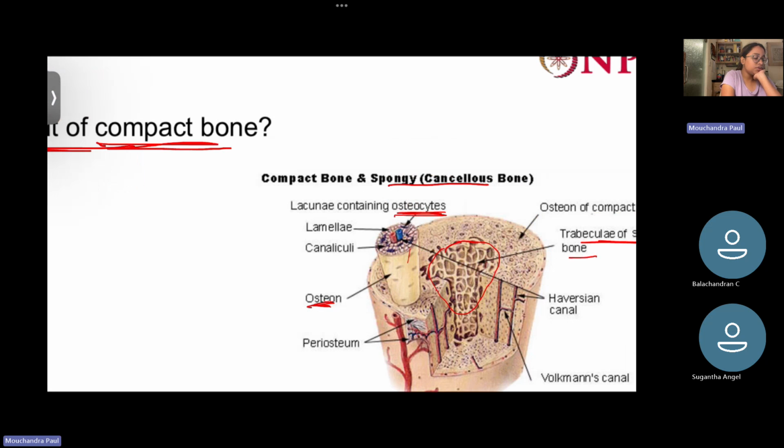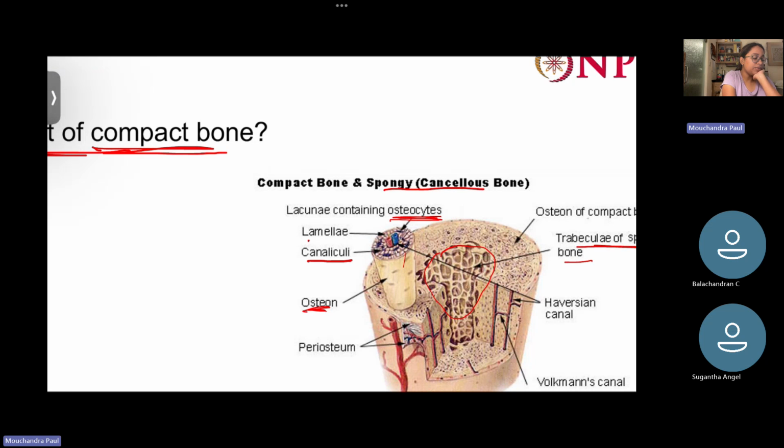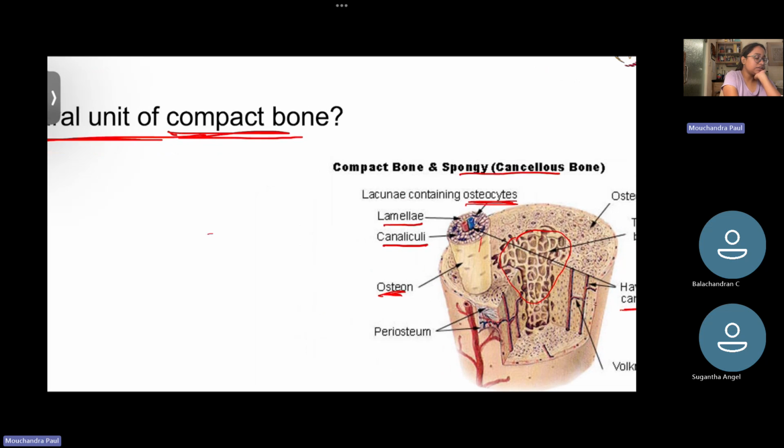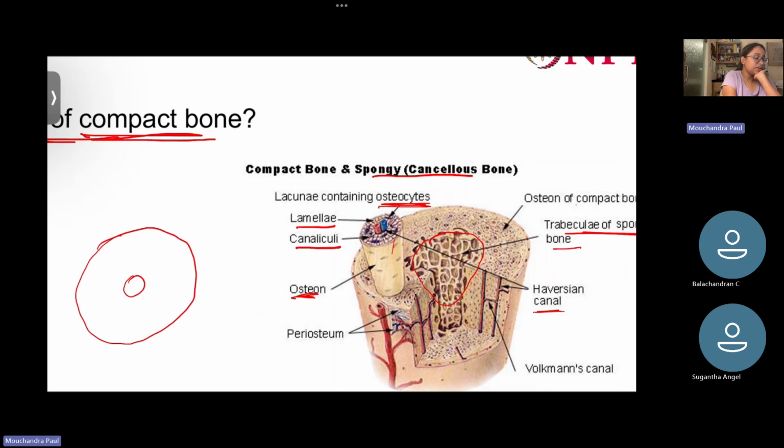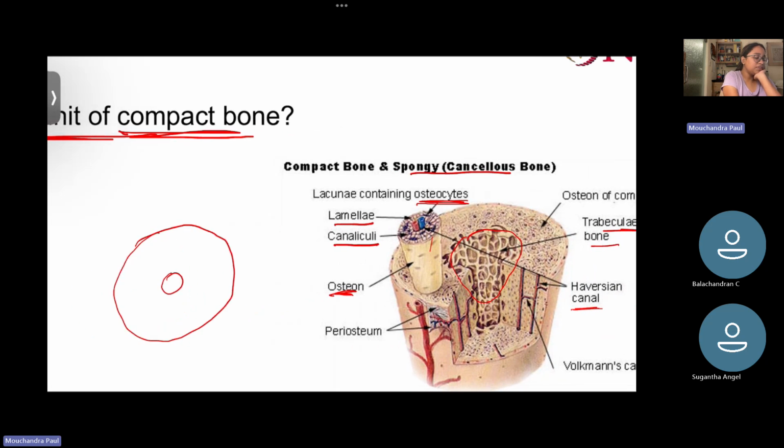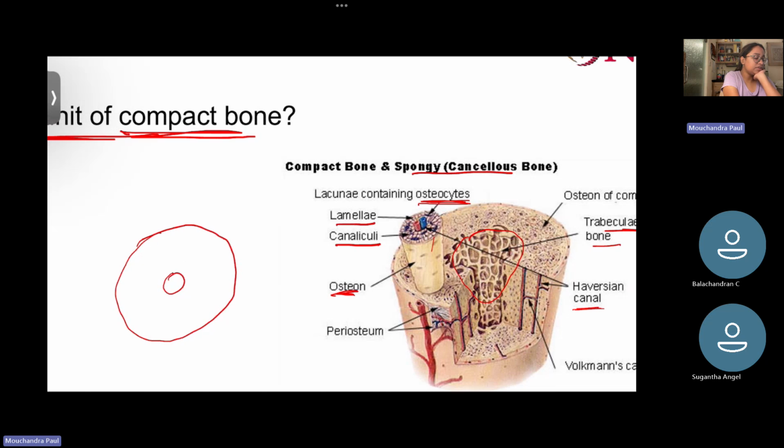The osteon has structures like canaliculi, lamellae, and running through the center is the Haversian canal. If we look from the top, it's circular in nature. There is an empty canal, the Haversian canal, through which the blood vessels, the veins and arteries, flow.